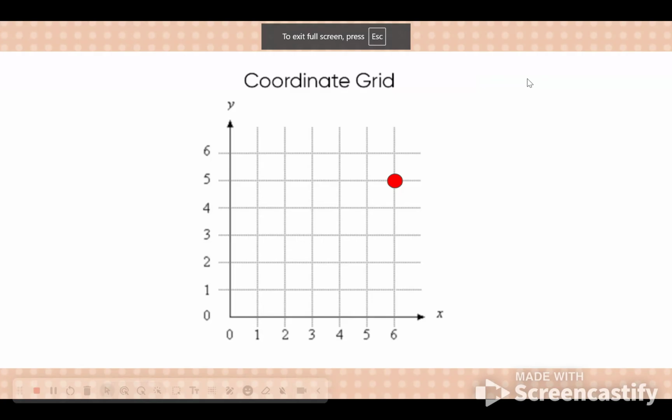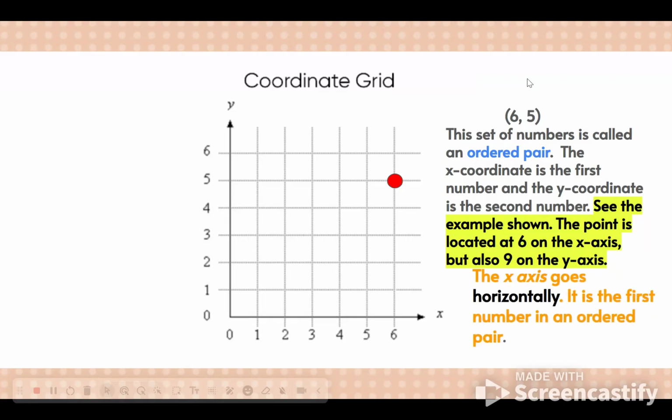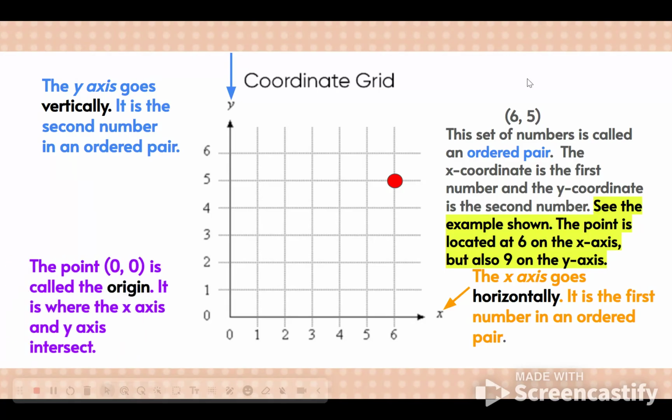All right, so let's look here. These are things where you're definitely going to need to pause the video occasionally, because I need you to label the coordinate grid that you see on your guided notes.